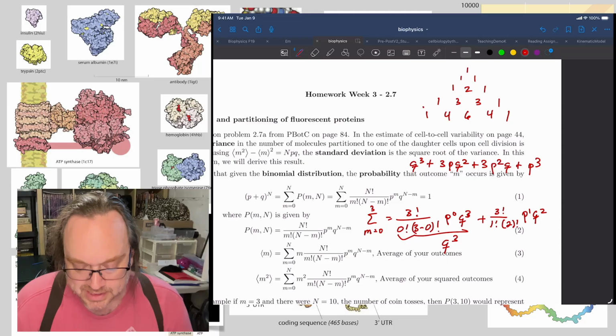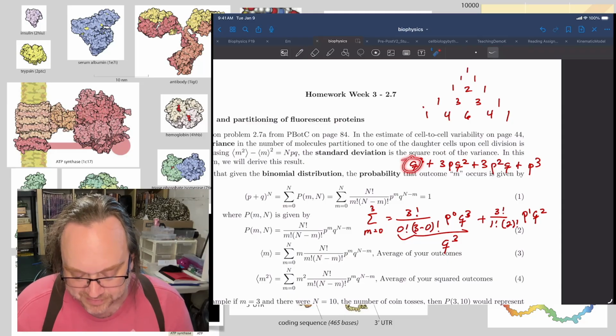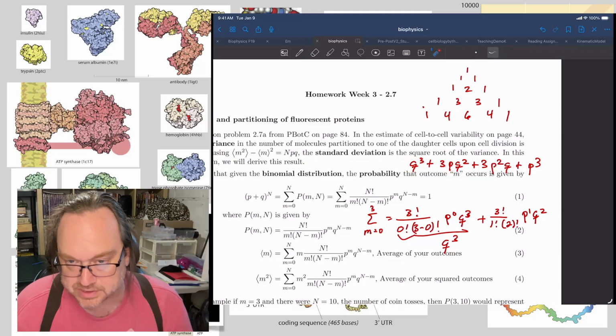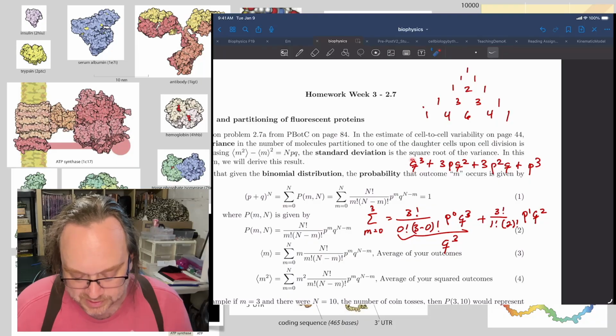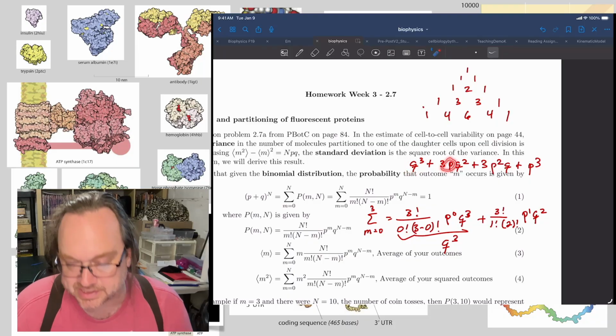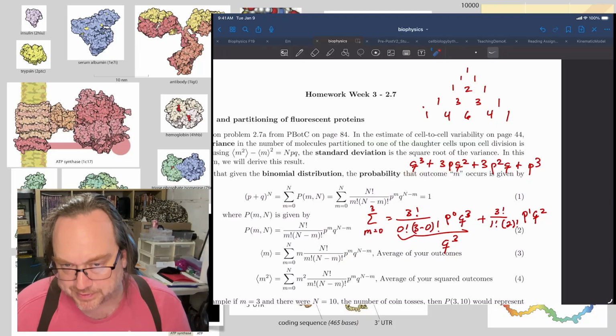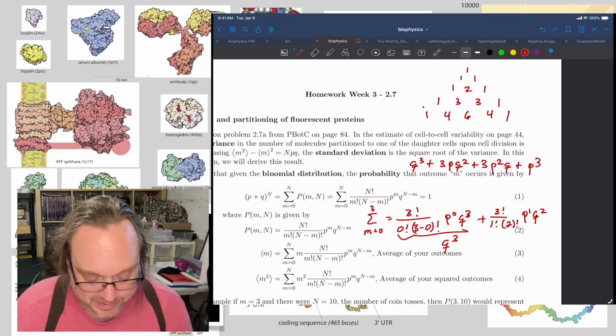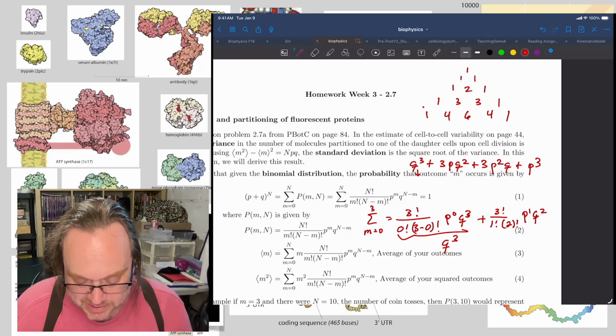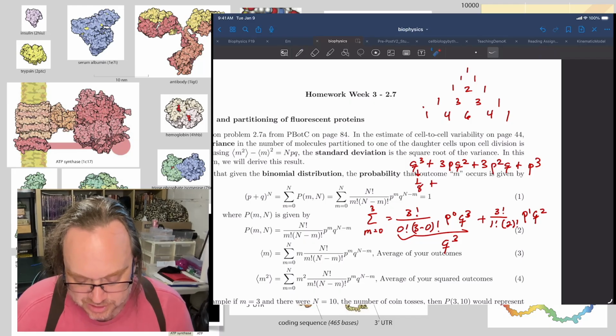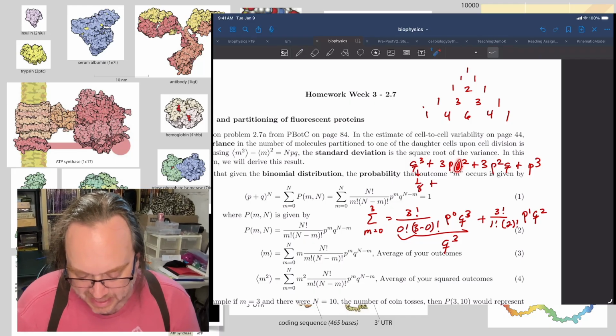All right. And so again, this is the probability of getting heads, the probability of getting tails, something like that. Probability of going to the cell on the left, probability of going to the cell on the right. And if those probabilities are 50-50, then you're really just going to get what this says, 1/2 cubed. So you're going to get 1/8 here. Then you're going to get, in this term here, 1/2 times 1/2 and 1/2.